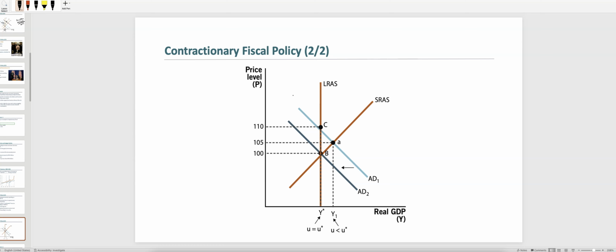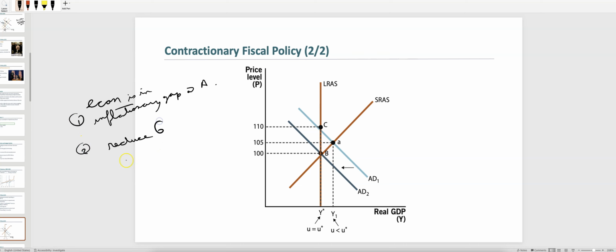So the idea here is that the economy is in the inflationary gap at point A. And what you would want to do is increase taxes or reduce government spending.